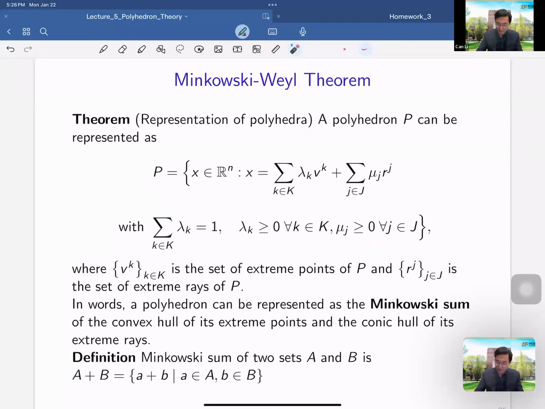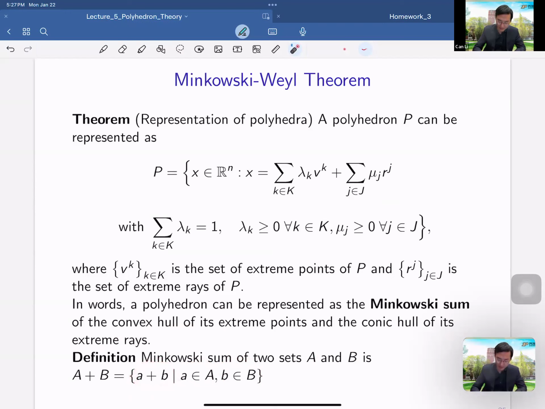So if we are going to state the Minkowski-Weyl theorem in words, it is that a polyhedron can be represented as the so-called Minkowski sum of the convex hull of its extreme points and the conic hull of its extreme rays. Okay, so what is a Minkowski sum? If you pick two sets A and B, the Minkowski sum of sets A and B is: you pick a point in A and an arbitrary point in B, and then calculate A plus B, right?